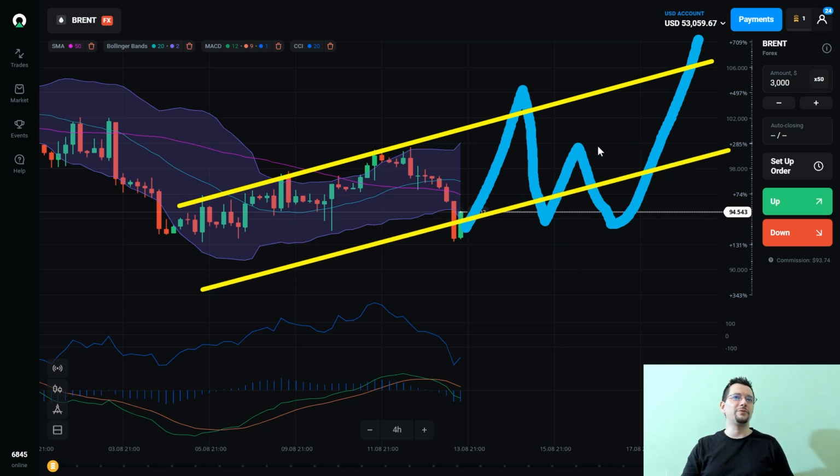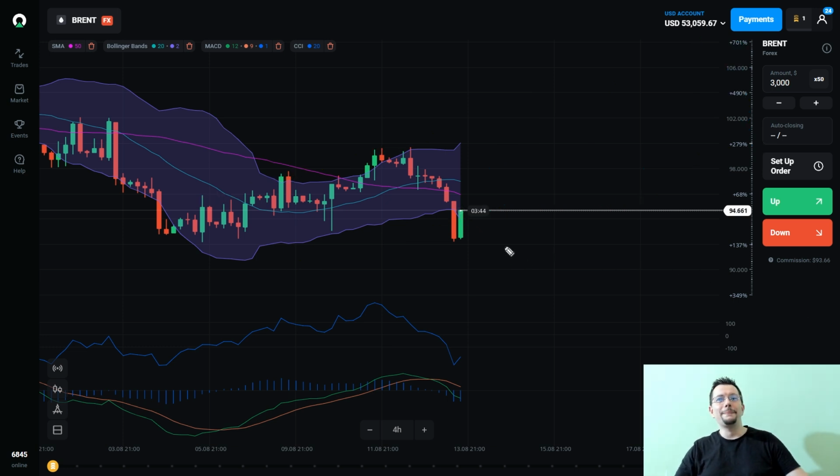If price dropped below this middle line, if we had price come back in and do one of these, right? If price didn't respect this level but fell down, that would definitely be a breaking of the channel. And so you want to be aware of these levels. You want to be aware of when you're going to get out ahead of time, right?